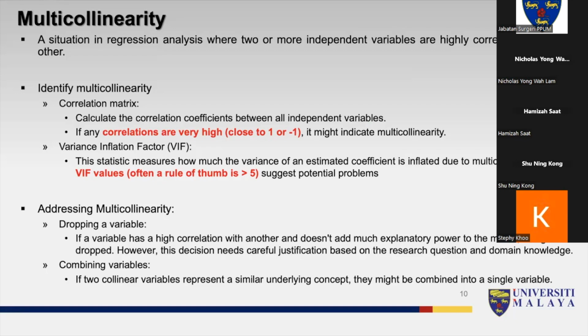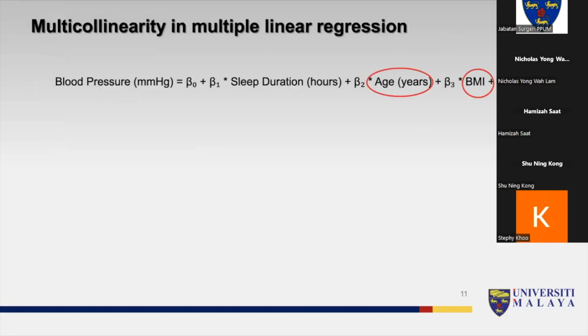If your multicollinearity is low, your model is more trusted to predict the relationship between variables. In this case, for blood pressure, the independent variables age and BMI might have an issue of multicollinearity because we know that people with older age usually have high BMI.